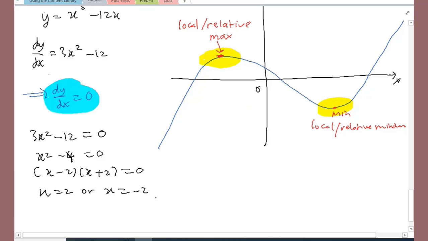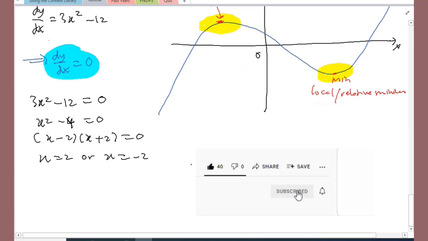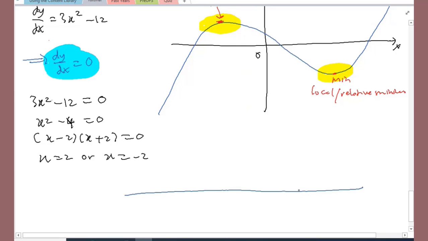Okay, so we need to test using the first derivative. Because there are two values, you can check separately one by one, or to save time, use the number line. Within the number line, it's easy.